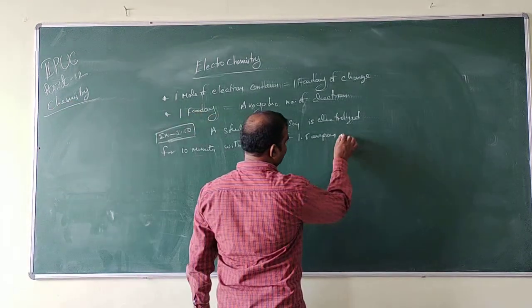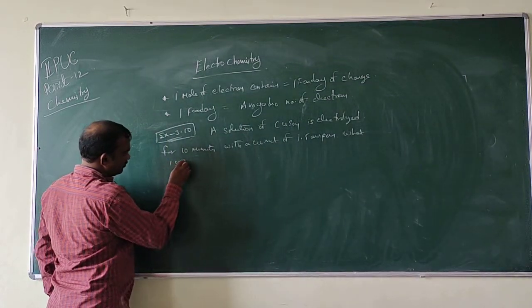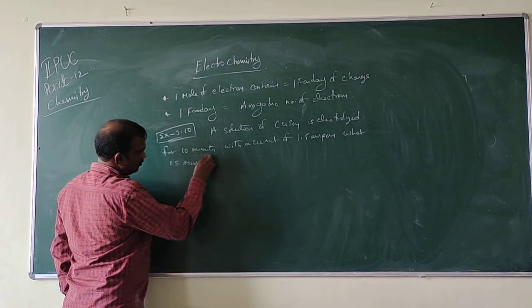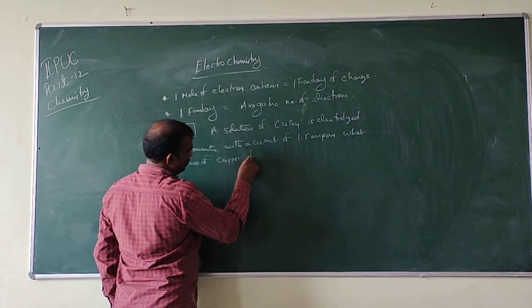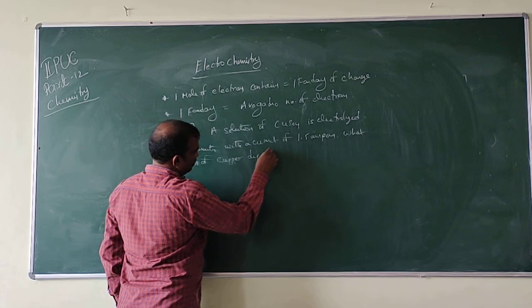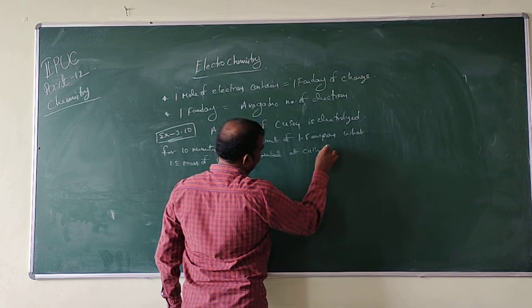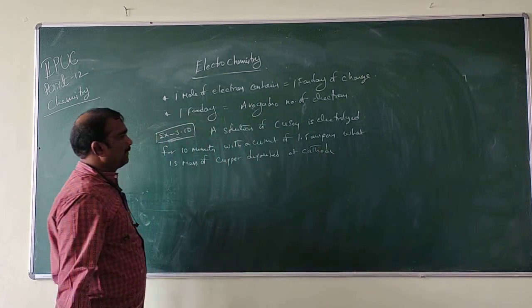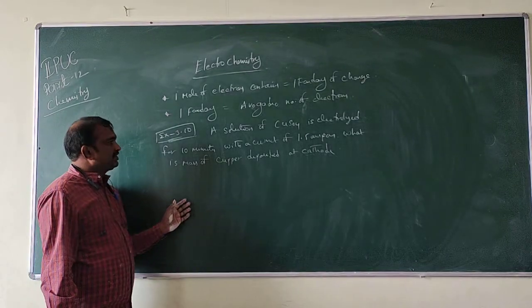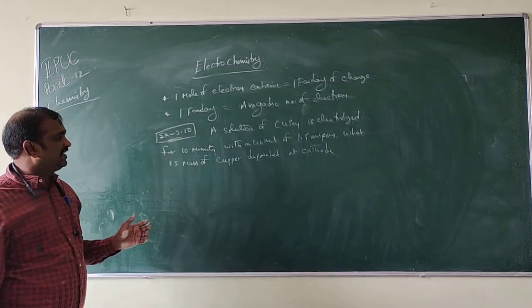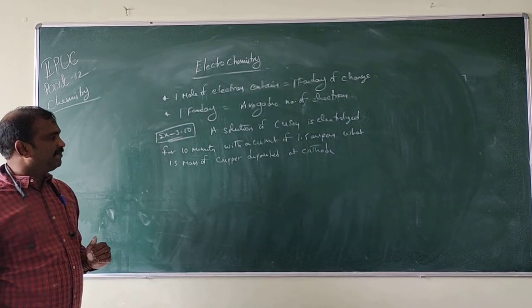So the question is, a solution of CuSO4 is electrolyzed for 10 minutes with a current of 1.5 ampere.